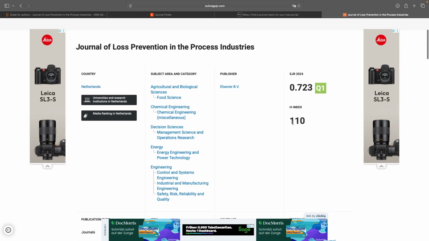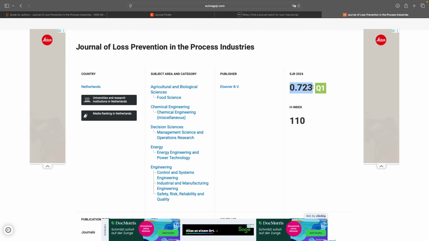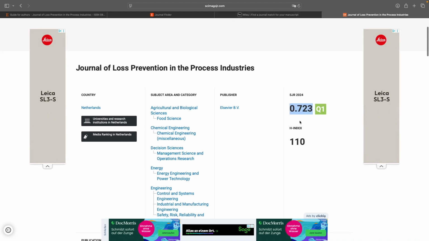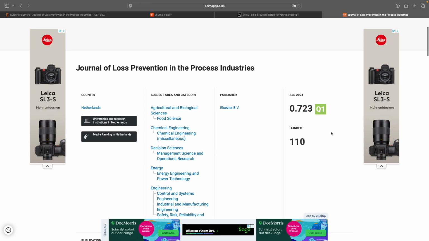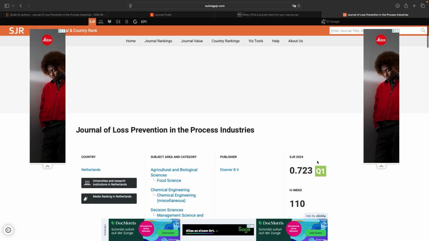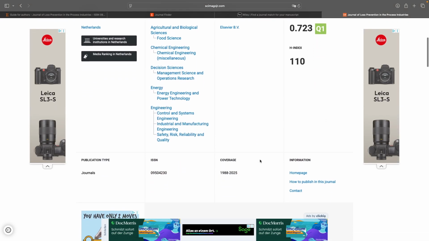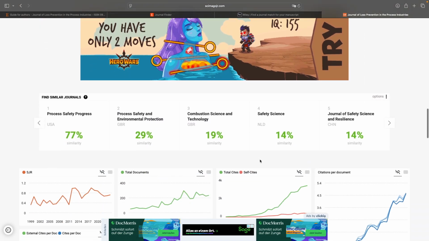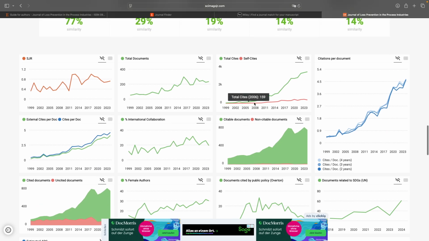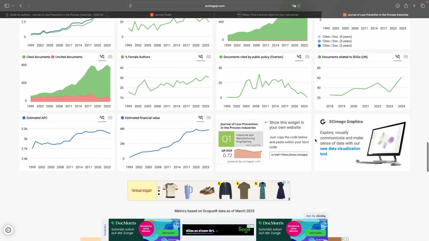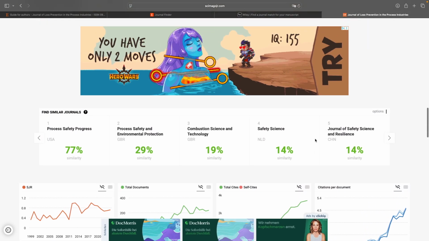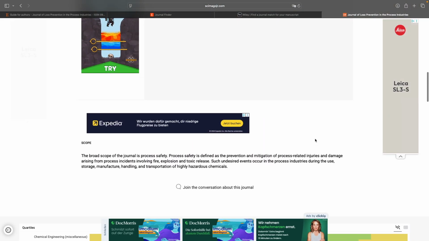It gives you an h-index, but also its own journal rank. So this website has its own journal rank system and it ranks it according to its system. You can find the metrics in help. But what we can see, there are also a lot of statistics. For example, the self cites against the total cites, the total number of documents. So you can inspect it really well.